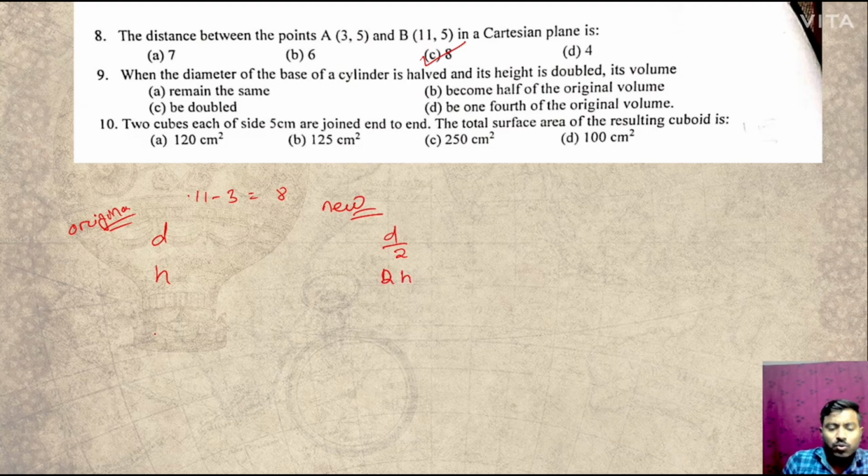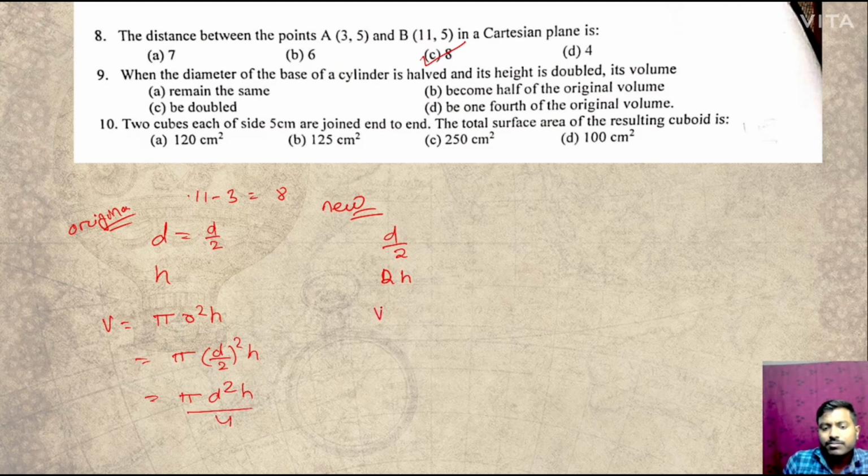Then first find the original volume. Volume equal to pi r square h. R means D by 2. Okay. Then pi D by 2 whole square h. Now solve. Pi d square h divided by 4.